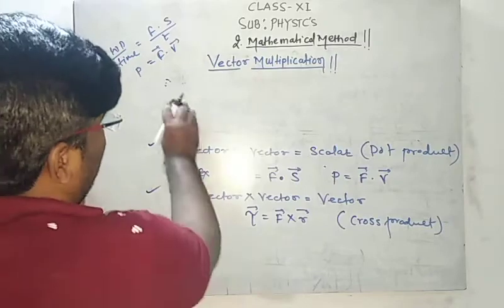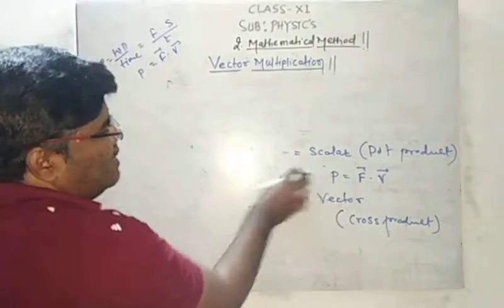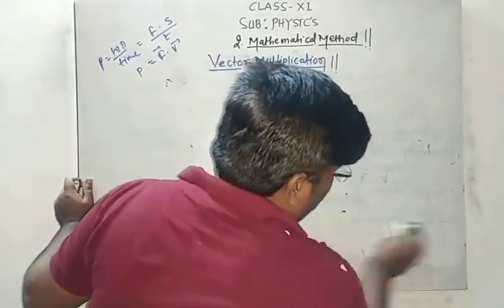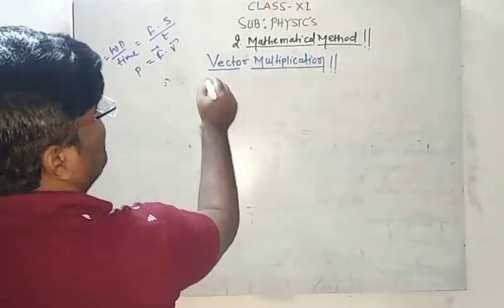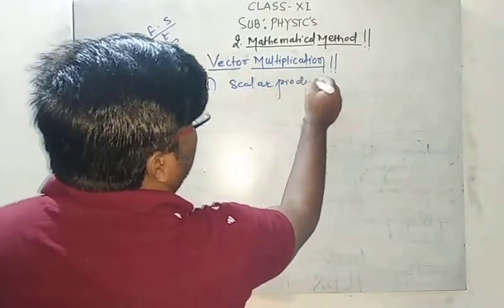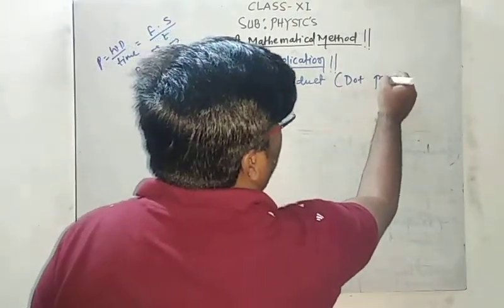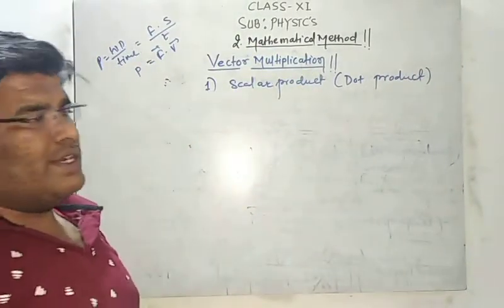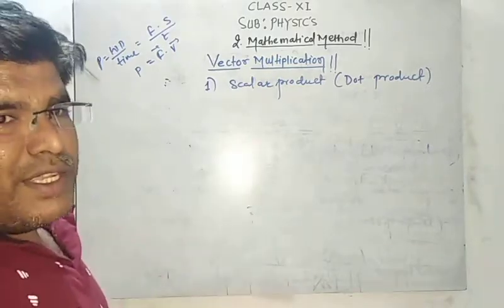Now first of all we move towards what is meant by scalar product and the formula to find the scalar product. Scalar product is also called dot product because we put a dot between two vector quantities, right? Because this is also multiplication. The two multiplications are different.